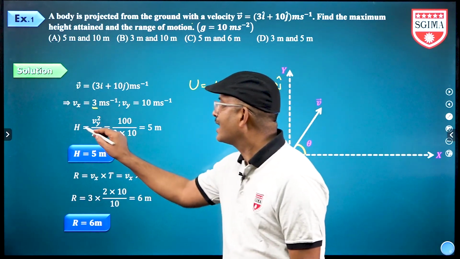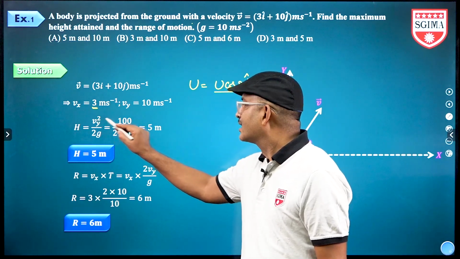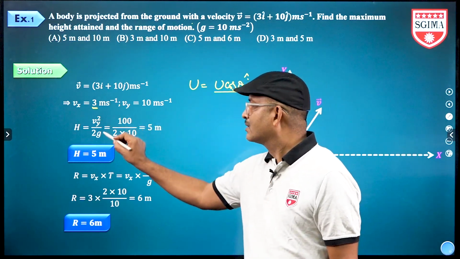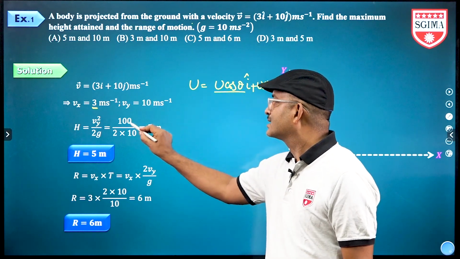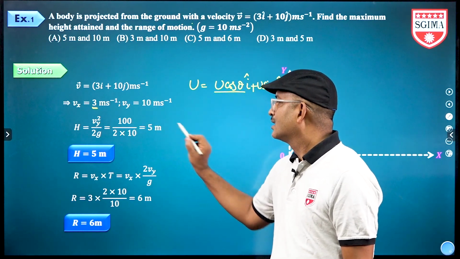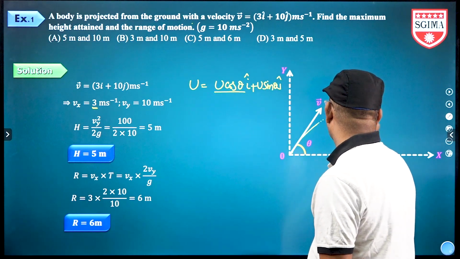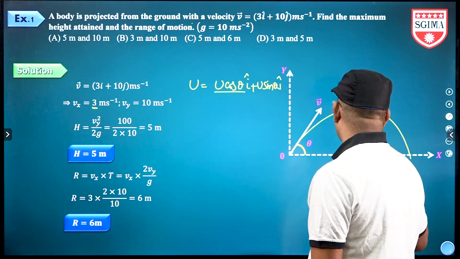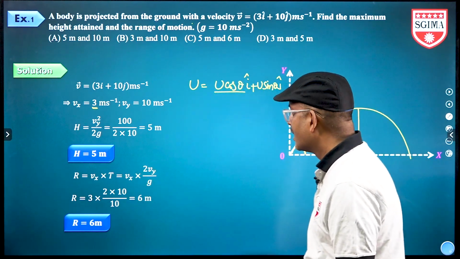I want the maximum height. Maximum height only depends on the vertical component of velocity: Vy square by 2g. Substituting, 10 square by 2 into 10, that is 5 meters. So the maximum height reached by the body is 5 meters.